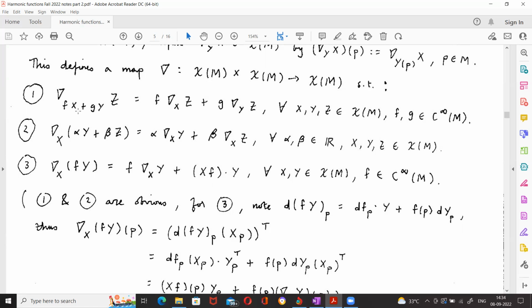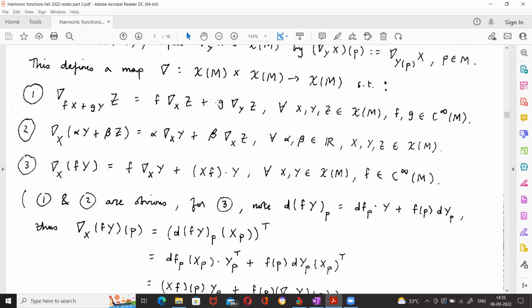If I take a linear combination of two vector fields X and Y with coefficients which are functions f and g, then nabla in the first variable is linear with respect to linear combinations with coefficients which are functions. So it's linear as a module map, where the space of vector fields is a module over the ring of functions C-infinity(M). Is this clear?